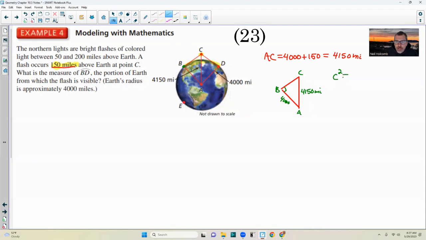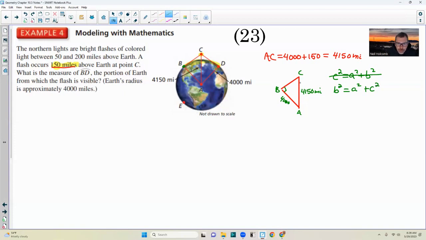C squared equals A squared plus B squared. Now be careful here. That's just the theorem name, but in this situation I want to rewrite it because the angles are not named that way. C is the side opposite angle C, but that's not our hypotenuse, B is. So instead I'm going to say B squared, our hypotenuse squared, equals A squared plus C squared.